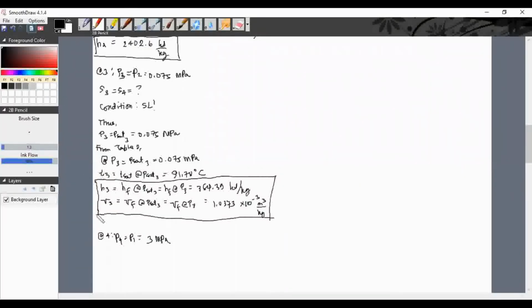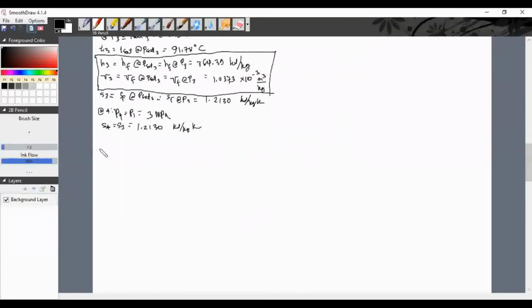And then we have S4 is equal to S3. So, kunin natin yung S3 na rin para ma-check natin yung condition. S3 is S sub F at P sa point 3. So, this is S sub F at P3. So, that is equal to, according sa table, 1.2130 kilojoules per kilogram Kelvin.